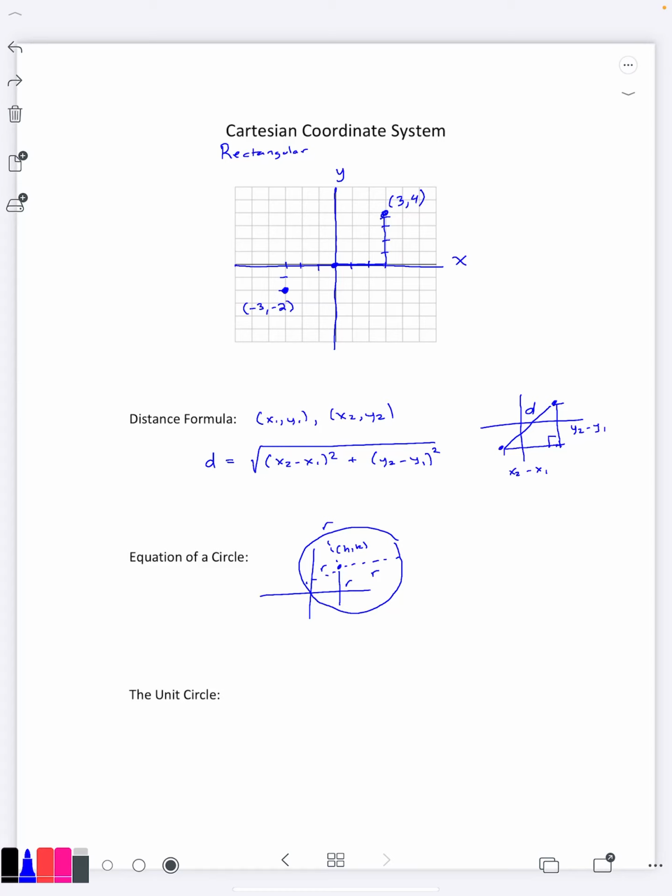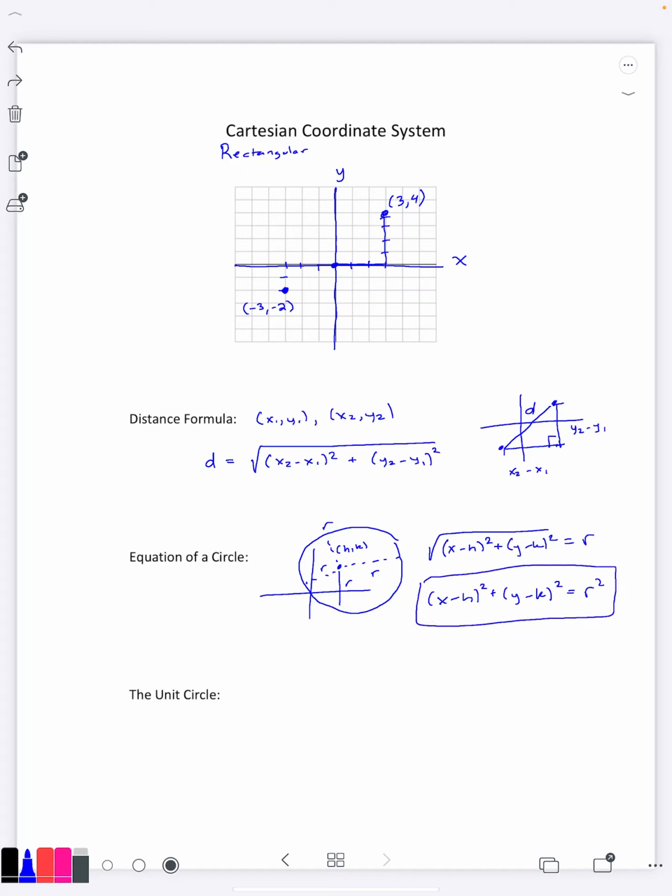So that means we want all the points where the distance is r. So the distance formula from a point away from the center is r, and the way we normally write it is we square both sides. (x minus h) squared plus (y minus k) squared equals r squared.